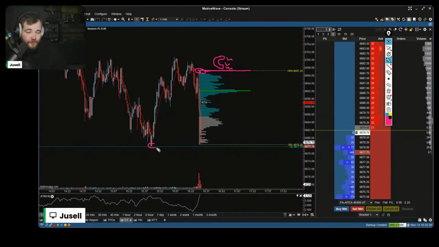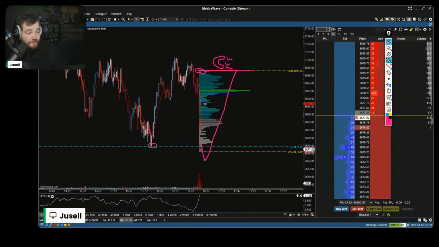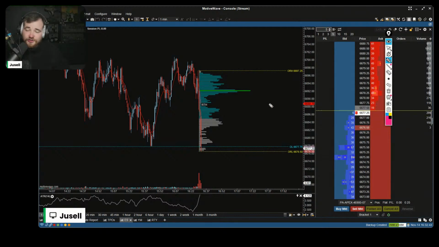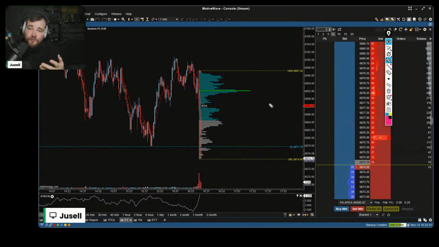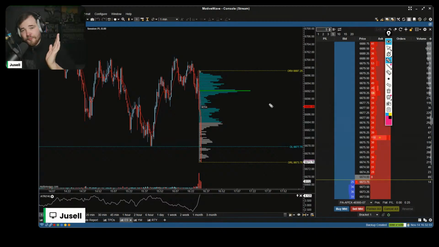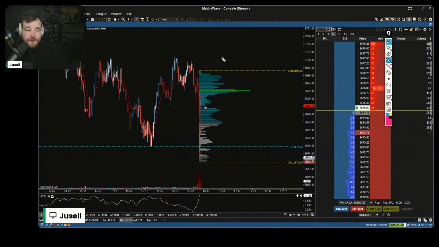You can see here also the overnight low is an unfinished auction low, so it's very probable that it runs this, and you could maybe even find a trade up here. If I would look for a trade, I would look for that specific trade, but we are opening to the downside, and that was also our number one scenario, a move to the downside, and then we would find buyers, and it will pull up and find some type of value, somewhere here or here, depending on what type of day we have.